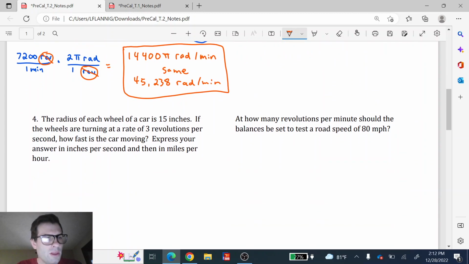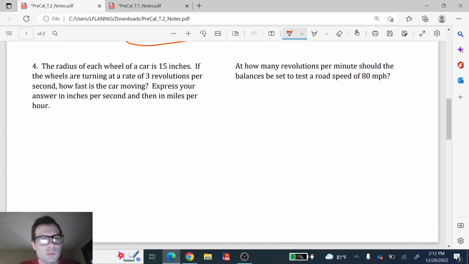All right. The radius of each wheel of a car is 15 inches. Okay, that's cool. So we know that the radius, the r, is equal to 15 inches. If the wheels are turning at a rate of 3 revolutions per second, we want to figure out how fast the car is moving, and we want to express that in inches per second and then in miles per hour.